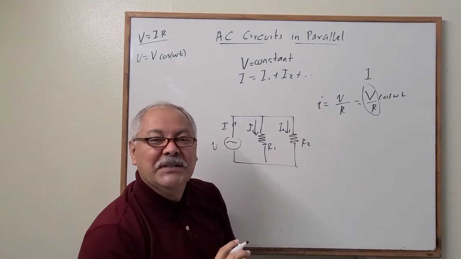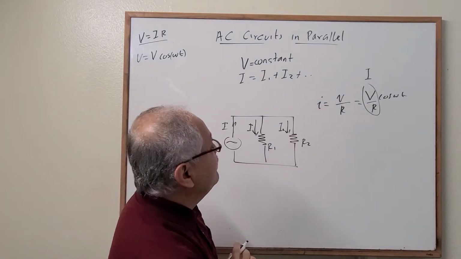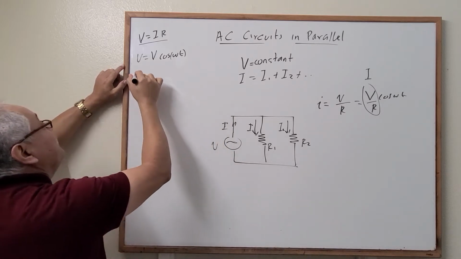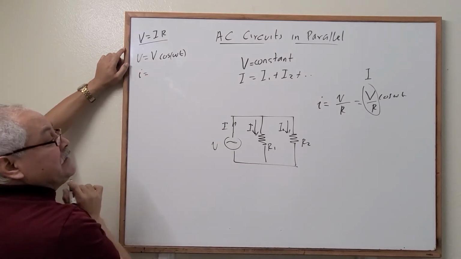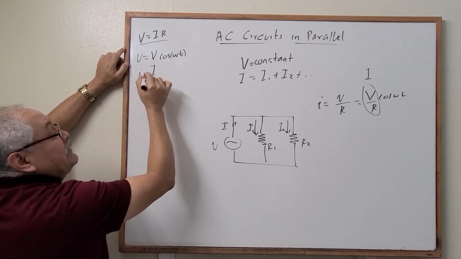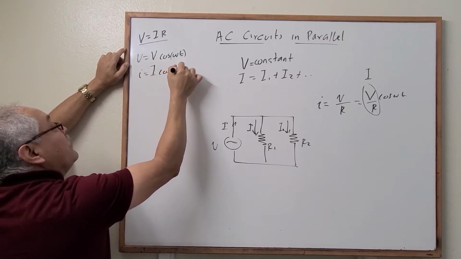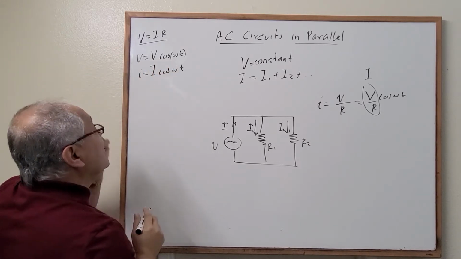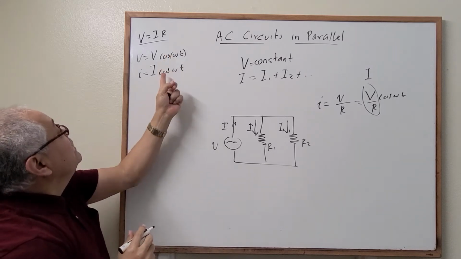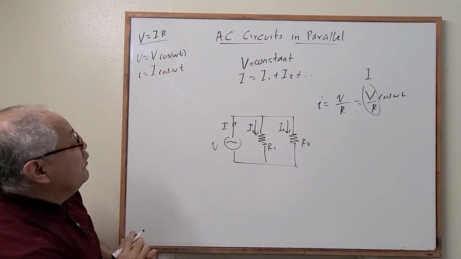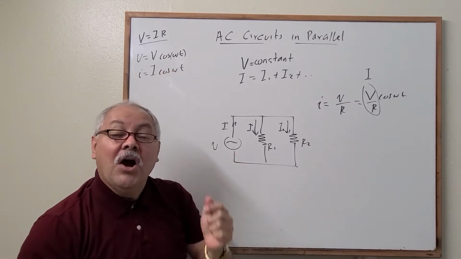So the instantaneous current is equal to the total current times cosine omega t. As you can see, these two are in phase when we're dealing with resistors only.